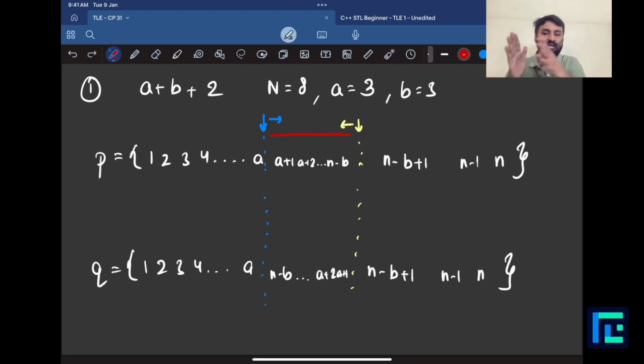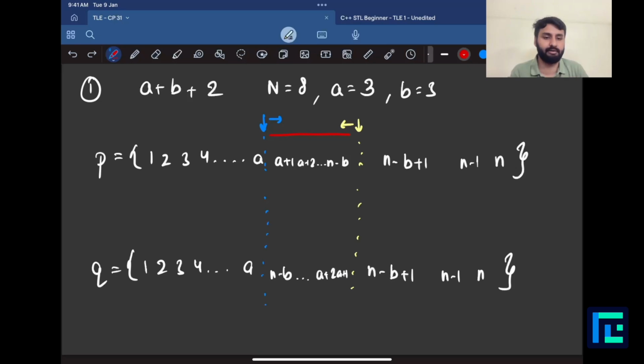What can happen is this A range from the start and this B range from the end can start coming closer. And then there is of course going to be a problem, there's going to be some range or some part where things are not useful for me, right? And this is the area that I want to identify.